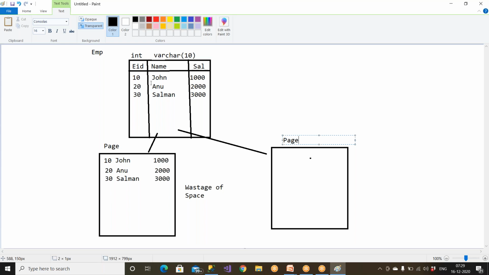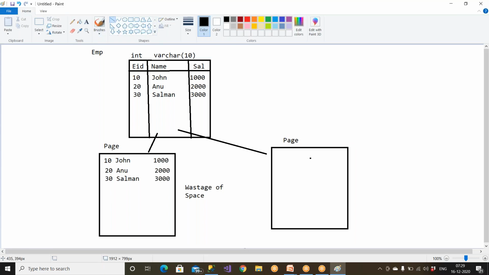Whenever you store the data, you're supposed to have 10 characters of space, but you occupied only 4 letters. Here you have 10 characters, but you occupied only 3. A 10-character space will be given, but you occupied only 6. So I'm talking about wastage of space.